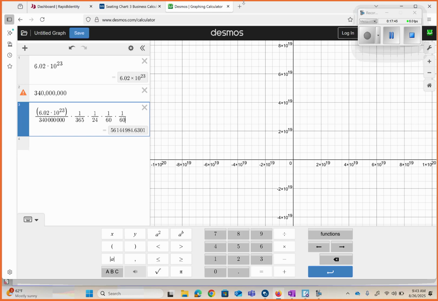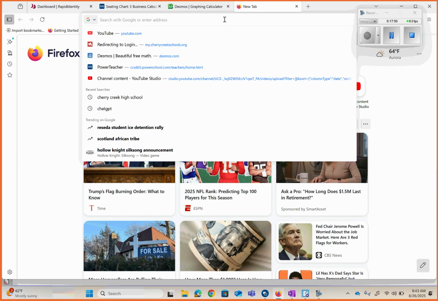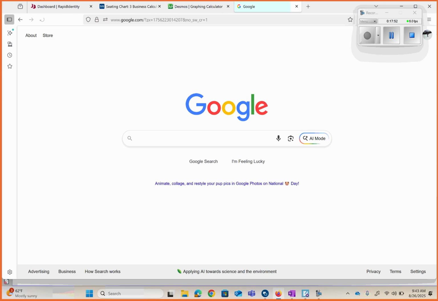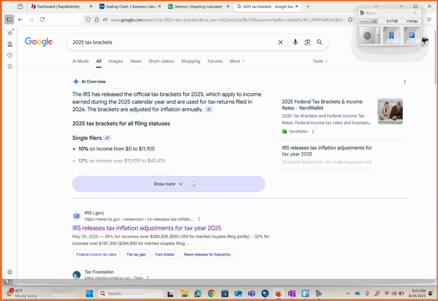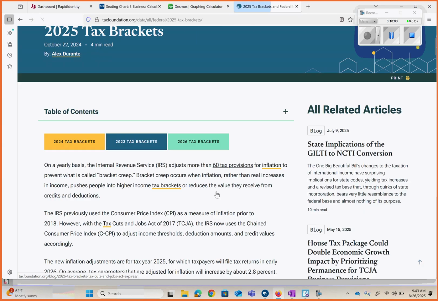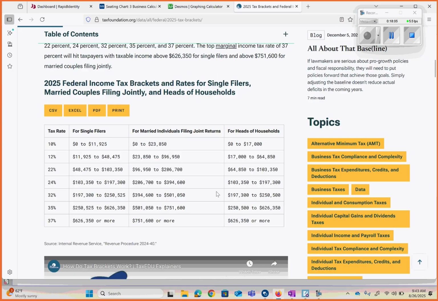Okay. All right. So I'm going to pull myself up. Let's see. Google 2025 tax brackets. So this might be the one I have.